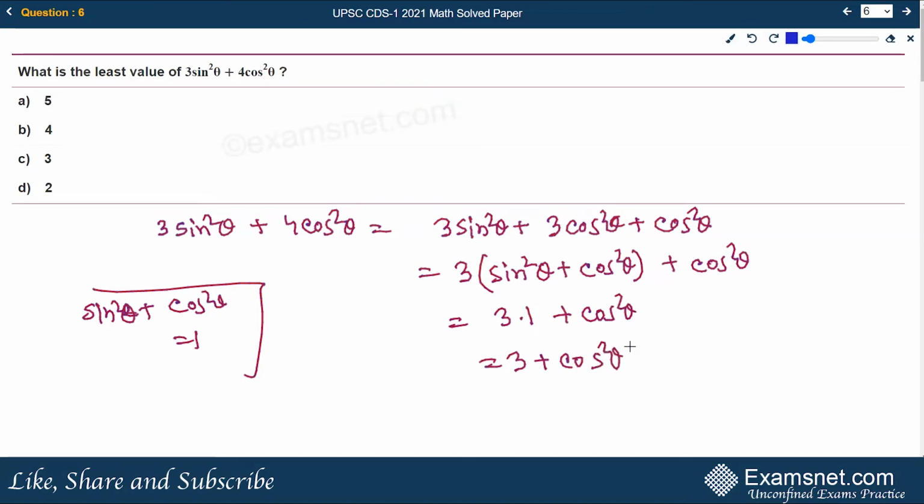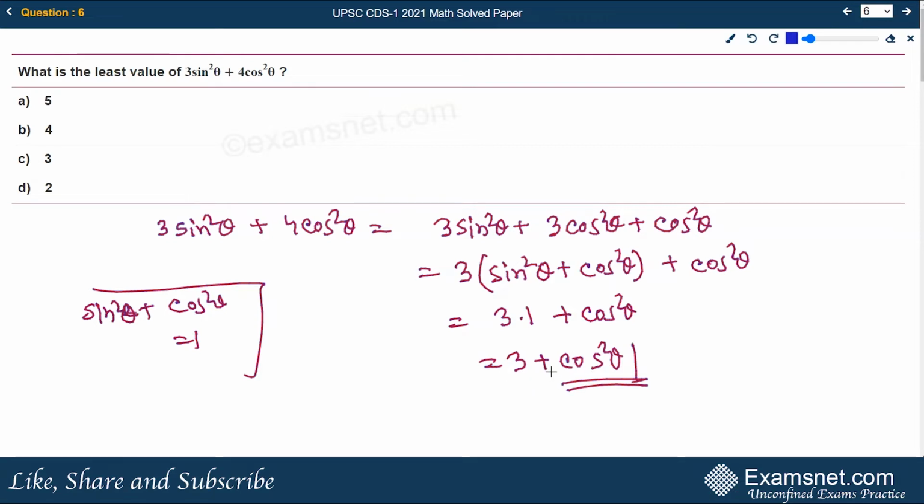We know the minimum value for cos squared theta will be 0. And what is the least value? So they are asking for least value. This part will always give us positive value or 0.